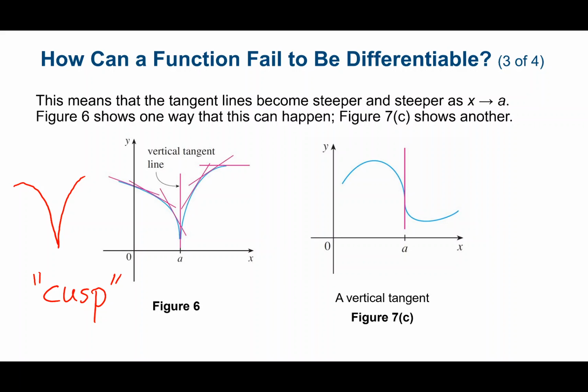So in that case, you can think about it either like they're illustrating here, where you have a vertical tangent line right at the point, or you could think about trying to draw a tangent line in there. We've got infinitely many lines we could draw in that only touch the point at one place, so we can't have a derivative there.